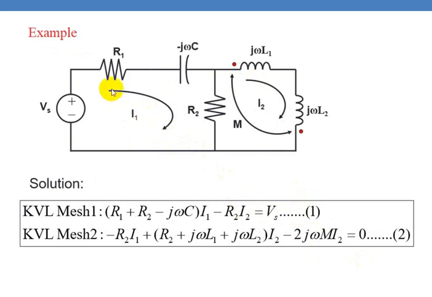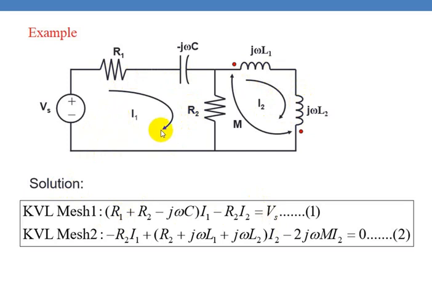Here let us write the equations for the first mesh and second mesh. There are two coils, and they are present in the second mesh itself. Both coils are coupled, and the current flowing through these coils is also I2. Writing the equation for the first mesh, there is no mutual inductance in this.